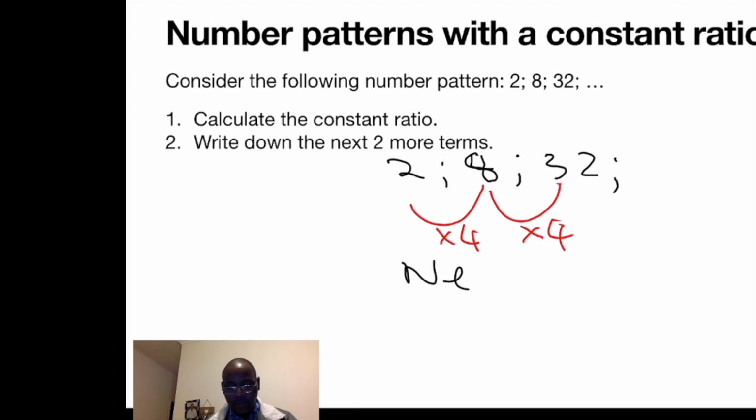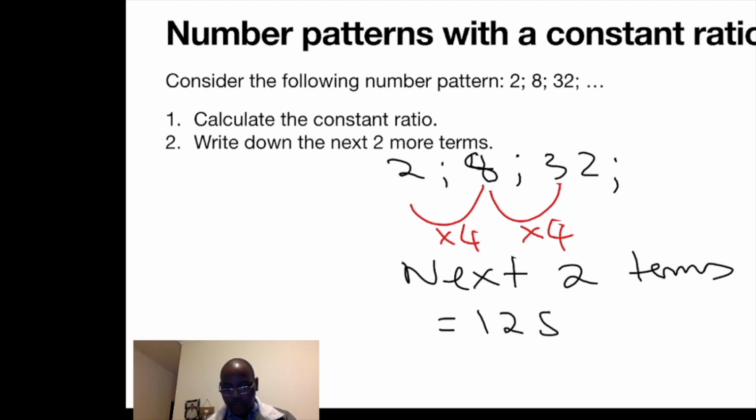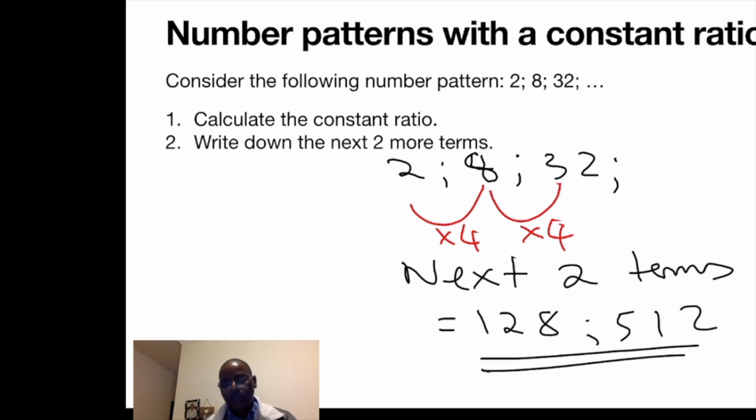Just multiply by 4 and you'll get your answers. So the next 2 terms, the first one should be 32 multiplied by 4, which should give us 128. And the next one should be 128 multiplied by 4, and that should give us 512. So these are the next 2 terms for that particular sequence.